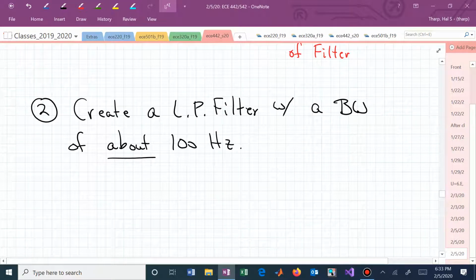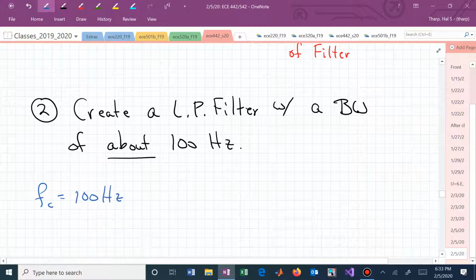All right. So now we know that F sub C, our cutoff frequency in hertz, is 100. How do we translate that into radians per second? We have to go to this bakery and get some pi. 2 pi F, right?